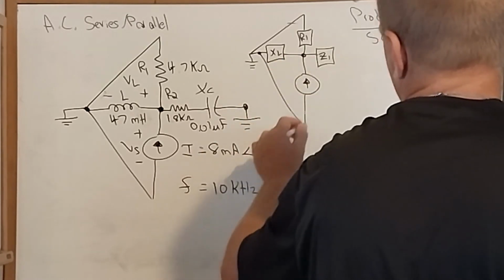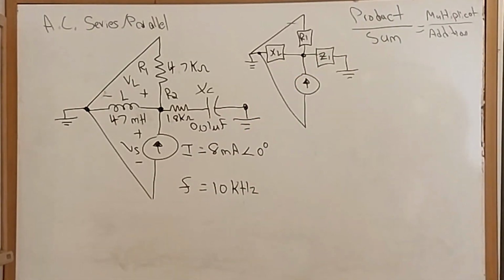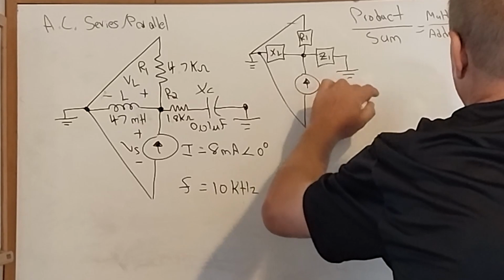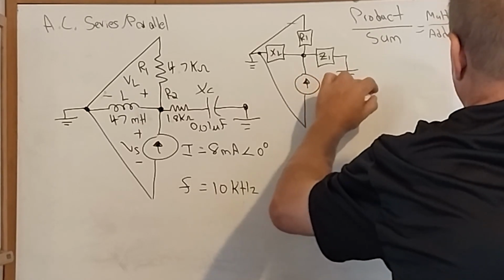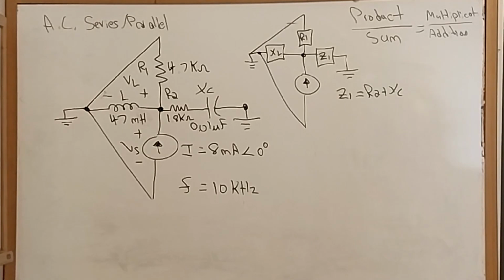That's the circuit. Z sub 1 is equal to R2 plus X of C. We don't know what X of C is yet.